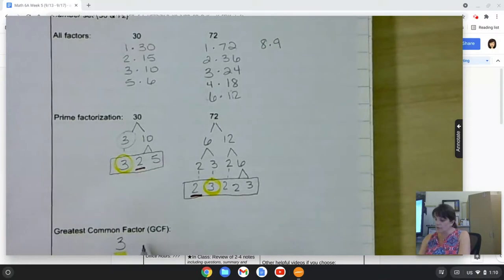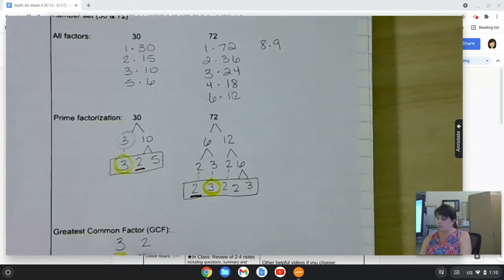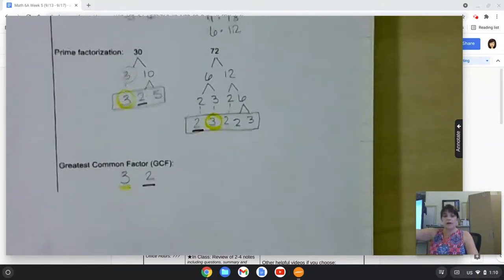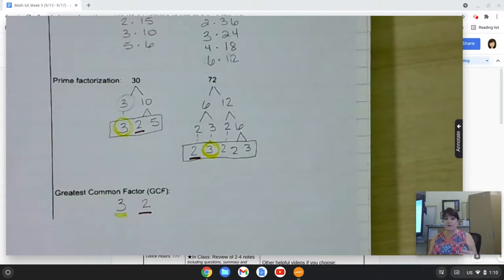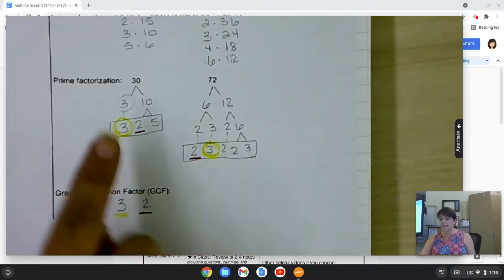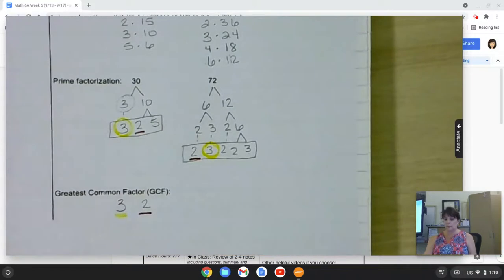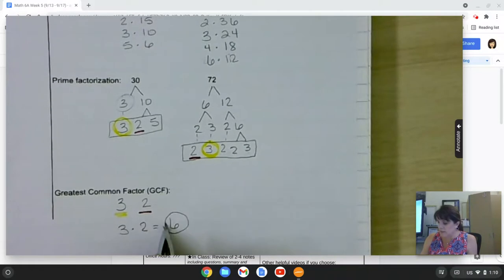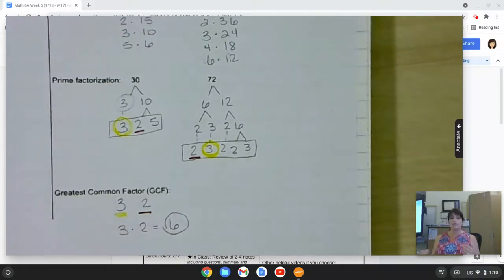So I have a factor of 2. And then I take my 2 factors, or 3 factors, or 5 factors, however many they have in common. I multiply them together, and I get 6. The greatest common factor is 6.